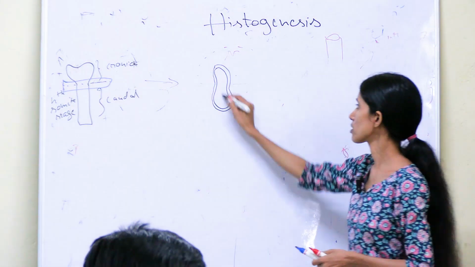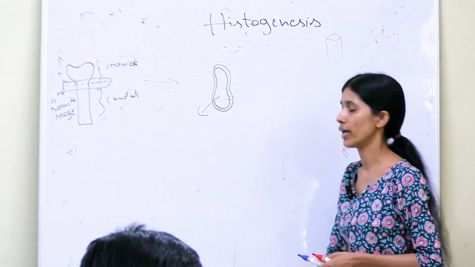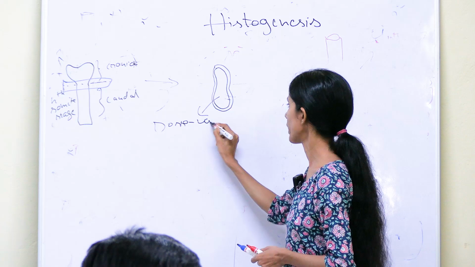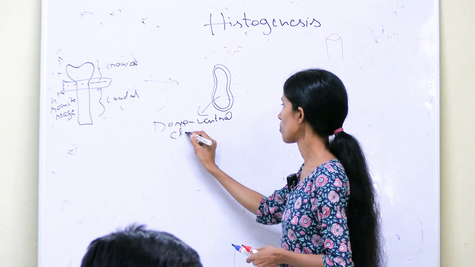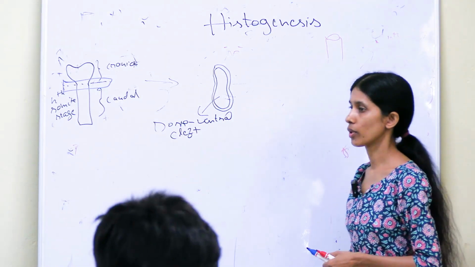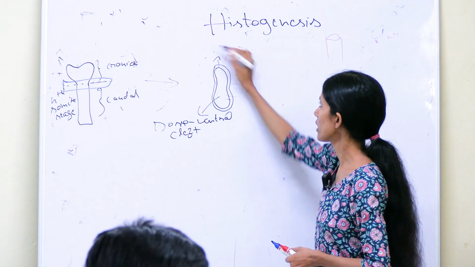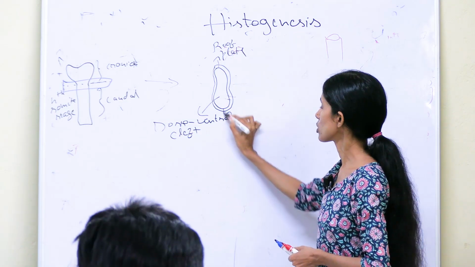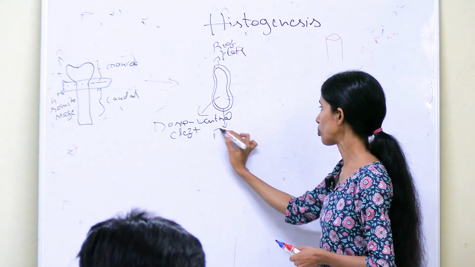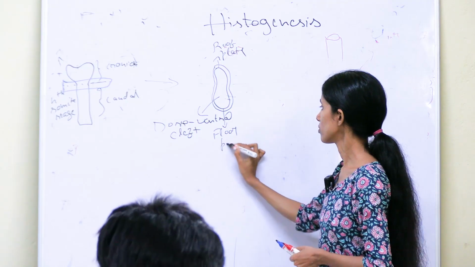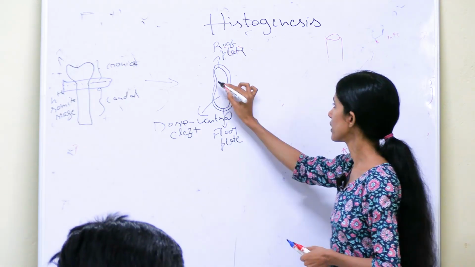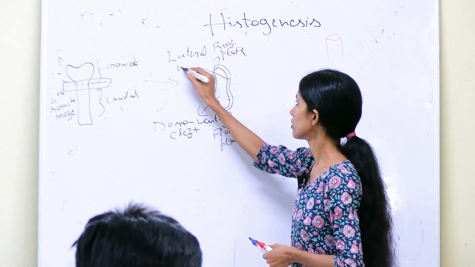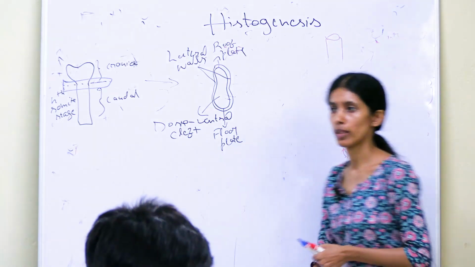So now this space or cavity is called the dorsoventral cleft. Okay. And this part is called the roof plate, and this part is called the floor plate, and these two are referred to as lateral walls.